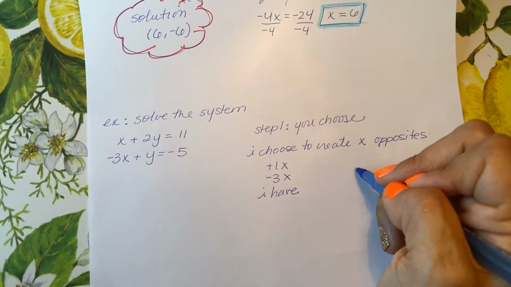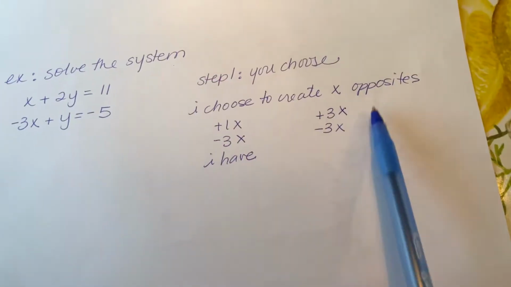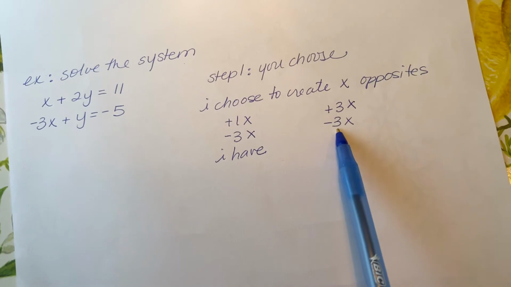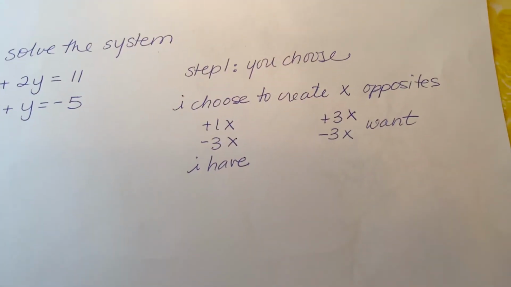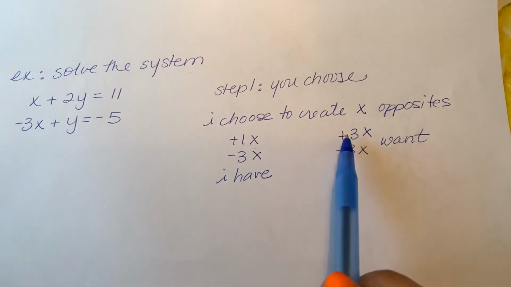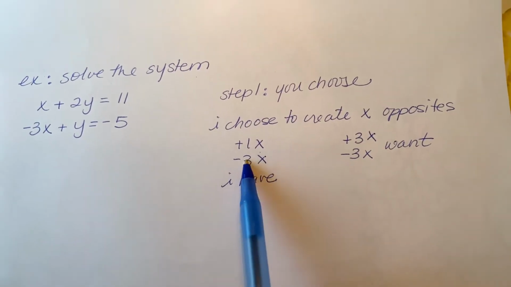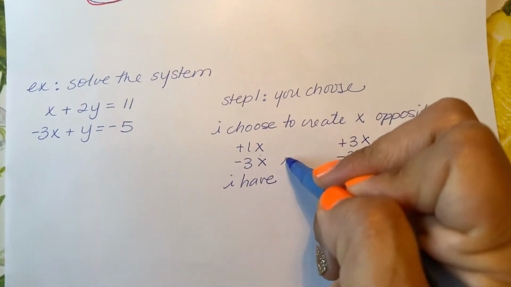However, that -3x, what I see is +3x minus 3x. This is what I want. So how do I make this become this? Well, the -3x is still -3x. So this stayed the same.